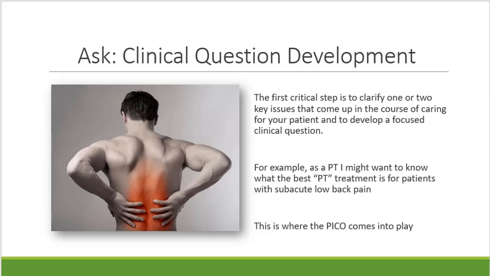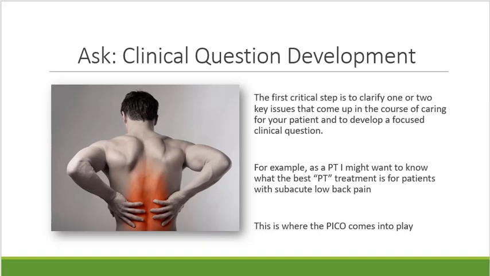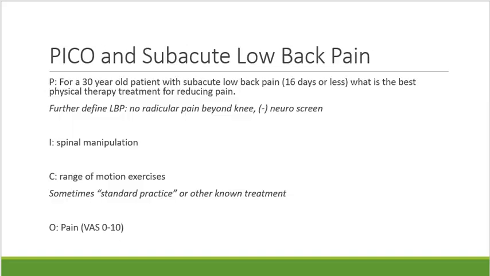This is where the PICO comes into play. And so my overall question: what's the best PT treatment for patients with subacute low back pain? Now I'm going to try to really specify things.